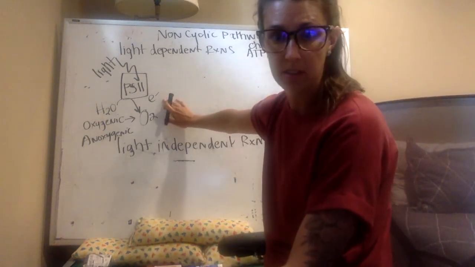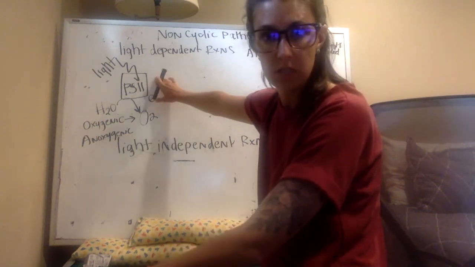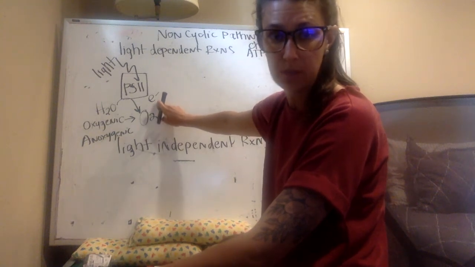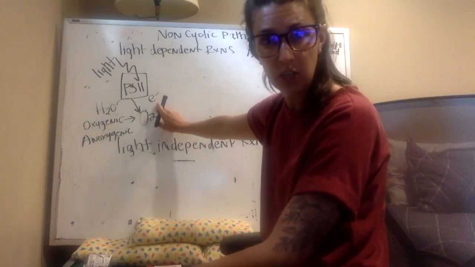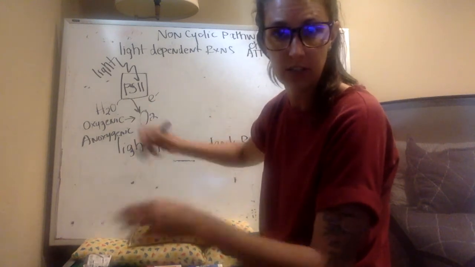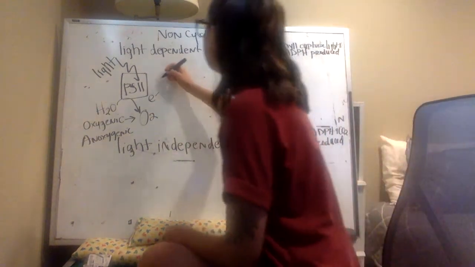Okay, we're moving back to this electron. Photosystem 2 captures light energy, splits water, and gets an electron. It will then put an electron through an electron transport chain, just like you learned with carbohydrate catabolism.